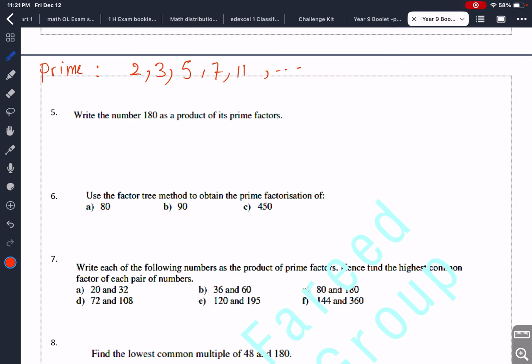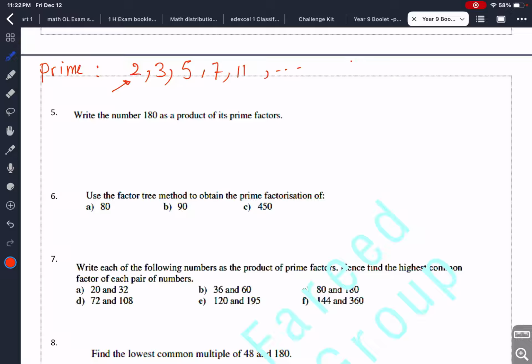We need to take care that 2 is the only even prime number, and all the rest are odd.